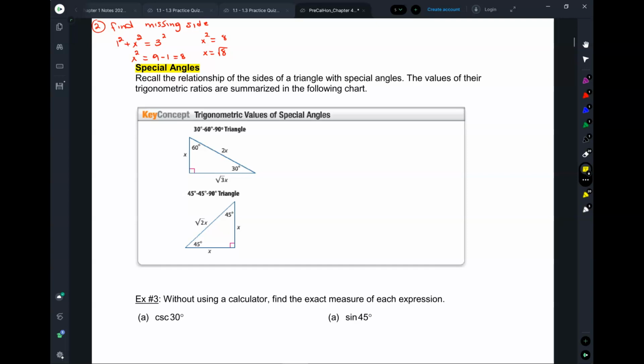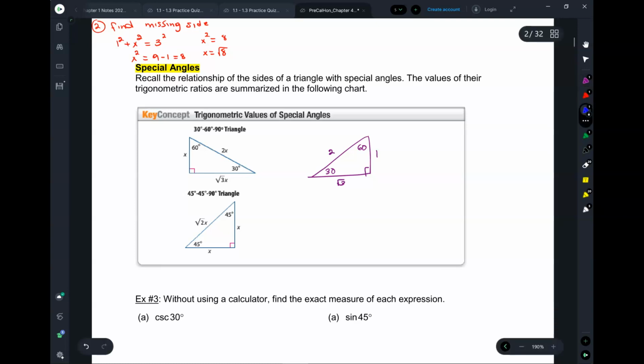This is root 3 times that, and then 2 times that, right? So, the way we draw a default 30, 60, 90 triangle is the shortest side, we always label 1, because that's everybody's favorite number, okay? And then the long side will be 1 times root 3, and this will be 2 times 1.